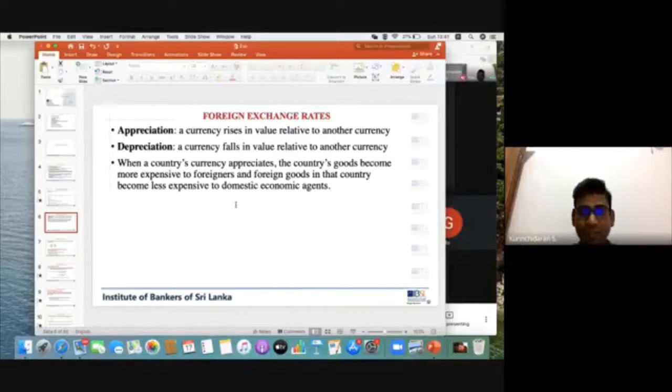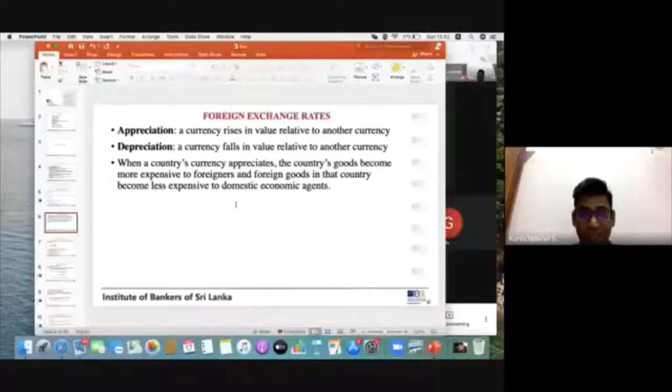Clear? Right. Now, I just want to extend it. When a currency appreciates, that means the value rises. Earlier I bought a USD for 200 rupees, but now I can buy it for 150 rupees. So my currency's value has appreciated.